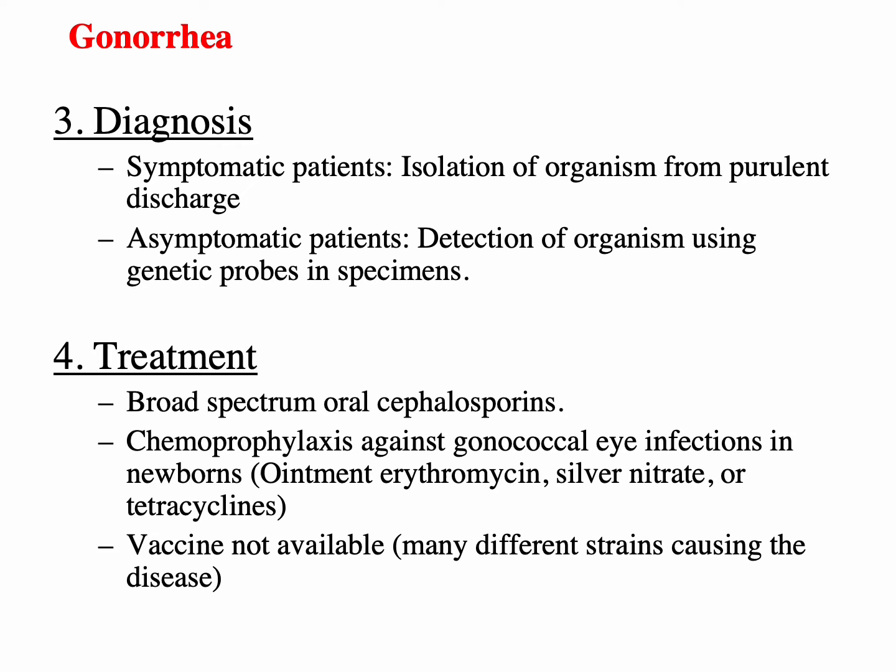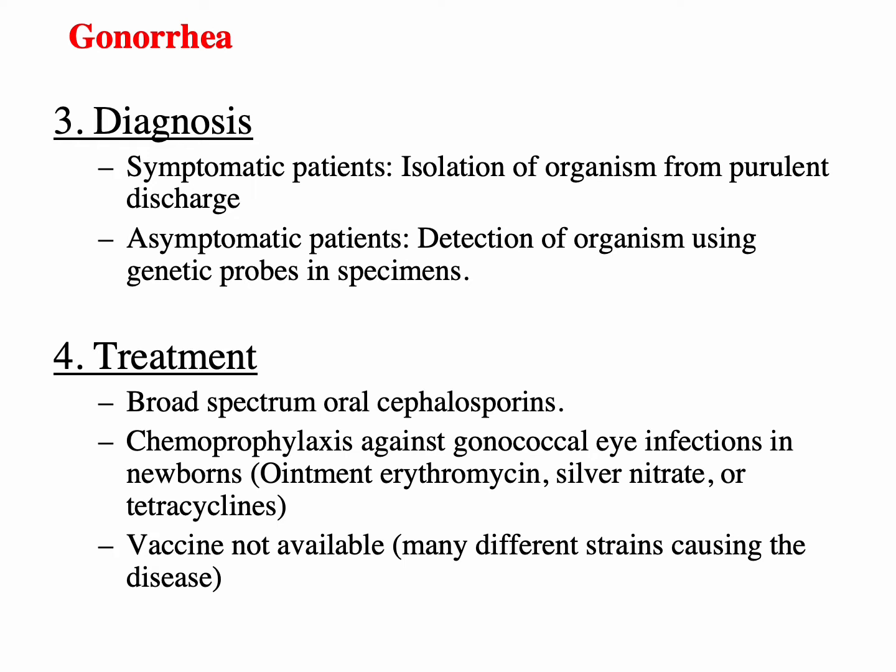Diagnosis is basically based on the symptoms, and doctors will make that diagnosis. They will also collect the discharge or another sample and send it to the microbiology lab in the hospital to do cultivation and isolate the organism, and then we can do the identification they have set up in the hospital.